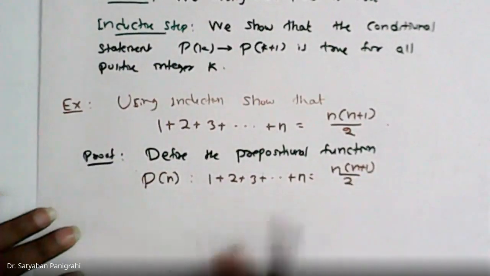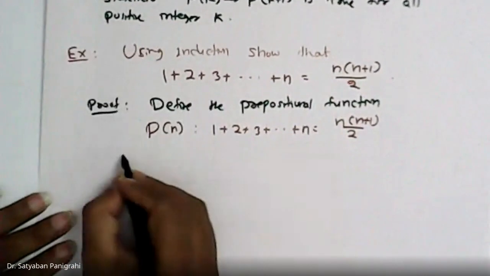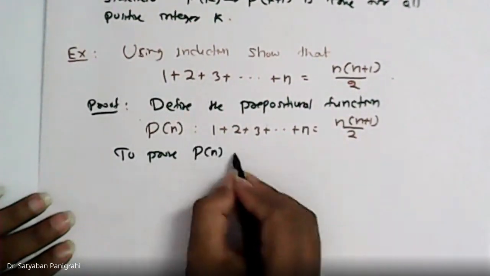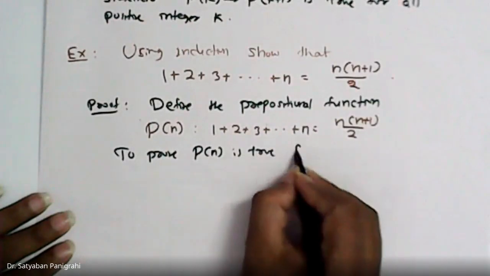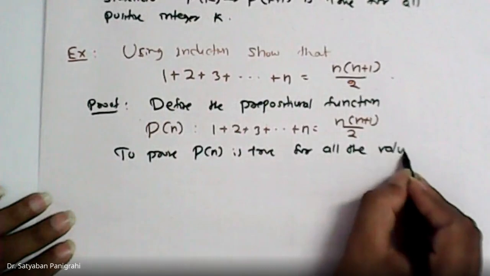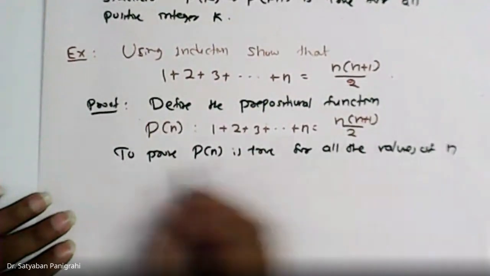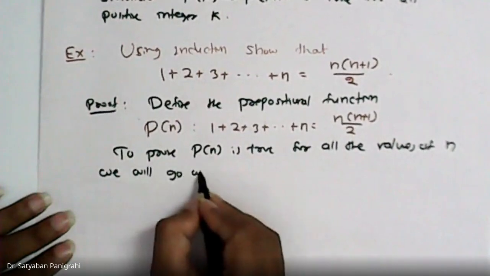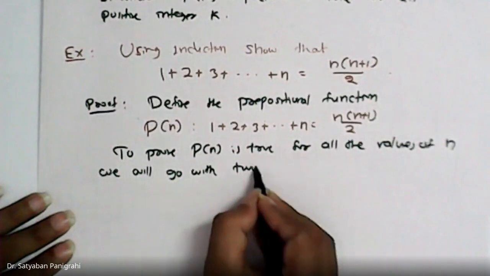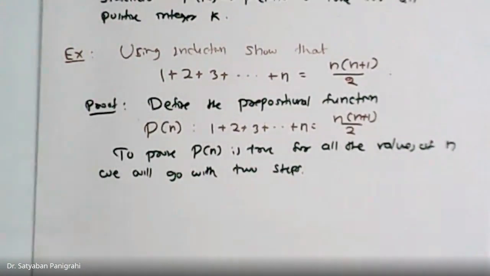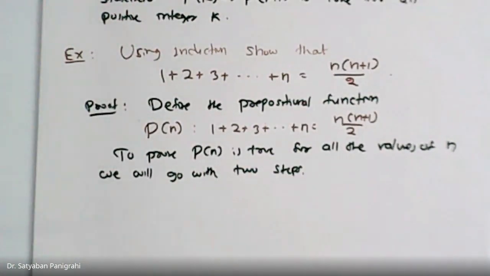Now, to prove Pn is true for all the values of n, we will go with two steps. Which two steps? The basic step and inductive step.